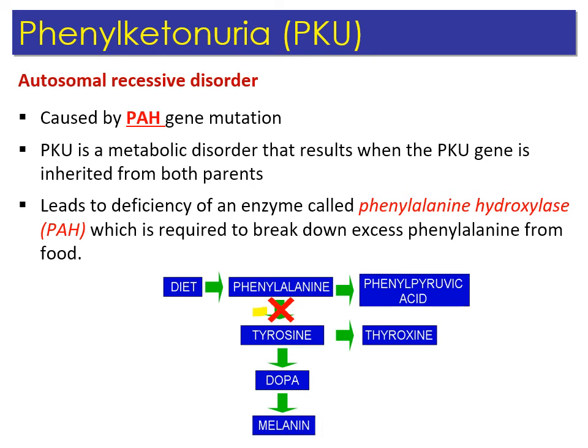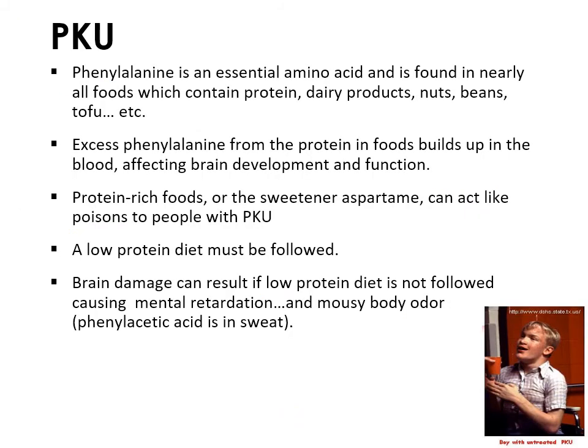As a result, excess phenylalanine from food accumulates in the blood, causing a musty body odor. In severe cases, accumulated phenylalanine will affect brain function and development, causing mental retardation. People with PKU are advised to follow a low-protein diet.